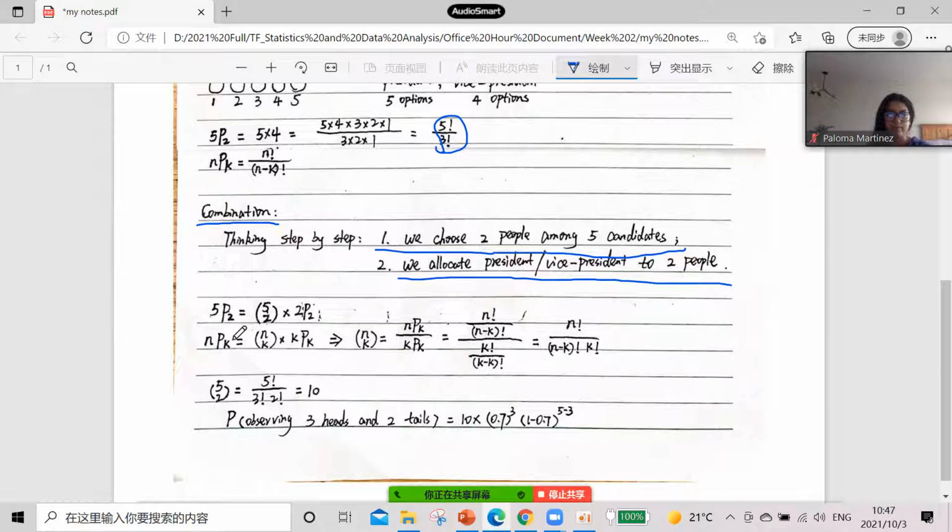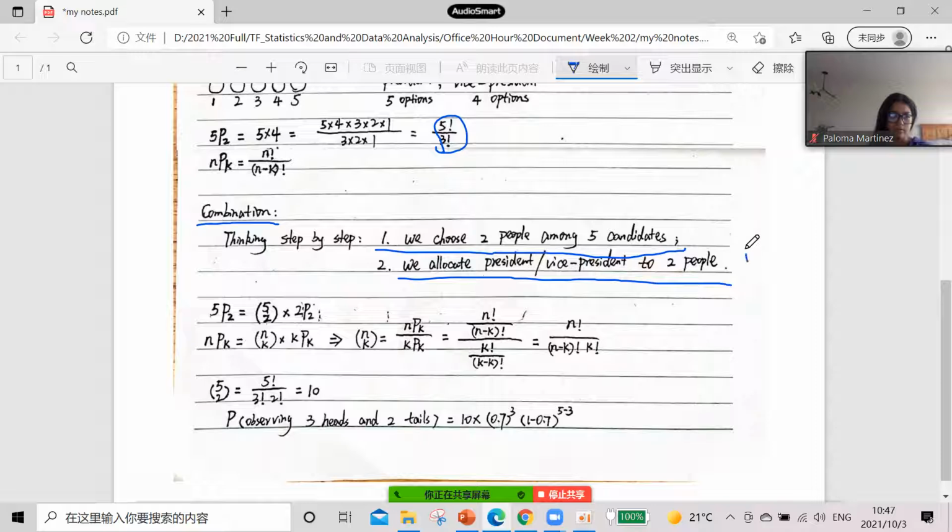So another way to calculate 5 permutation 2 would be to first use 5 choose 2. This is the notation of 5 choose 2. And then I multiply by 2 permutation 2. The 2 permutation 2 is simply how many ways we can allocate the president and vice president to 2 people.